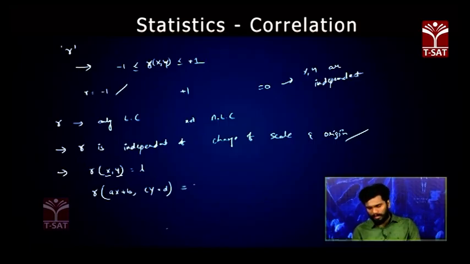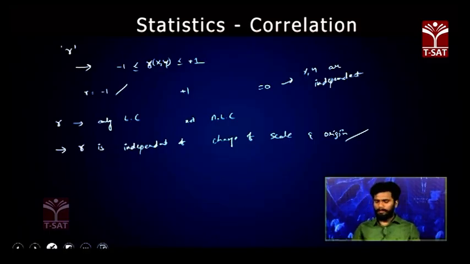Now the value for these new random variables will be equal to a into c by mod ac into r of x comma y. That is a into c by mod ac into L.